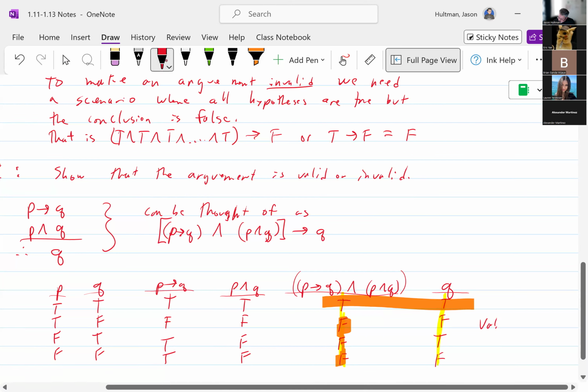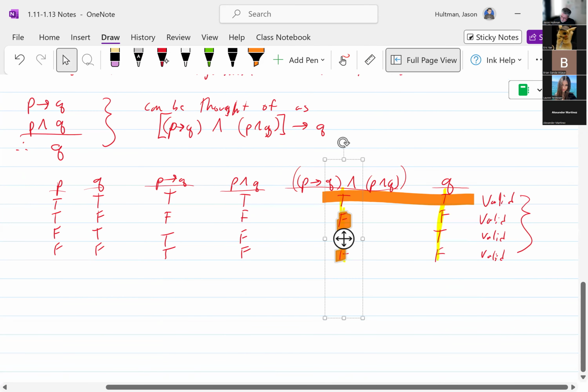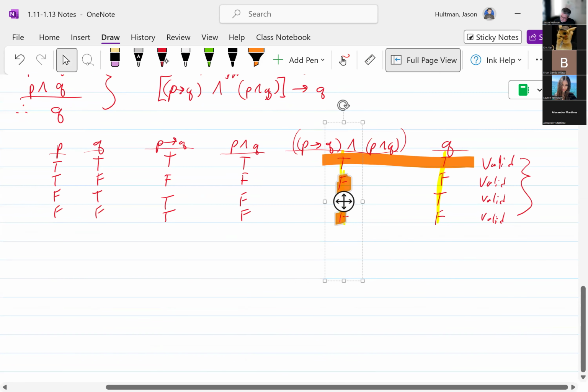These are all valid. And even true to true is valid. So for every scenario here, it's a valid statement. Therefore, the argument is valid.